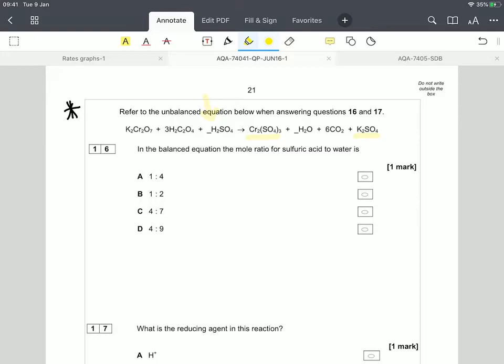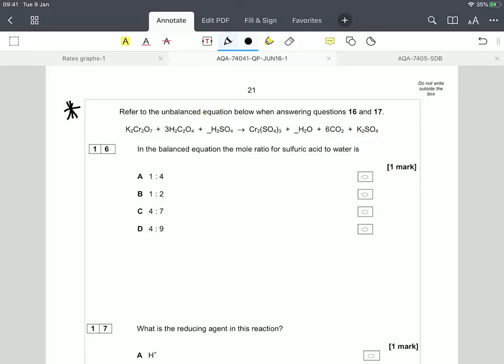Well, the AQA, although they can be very mean, they've been quite nice here because there's no gap in front of it. Basically what it means is that the two things that I've just highlighted, the chromium sulfate and the potassium sulfate, are balanced. So we can use that to our advantage, right?